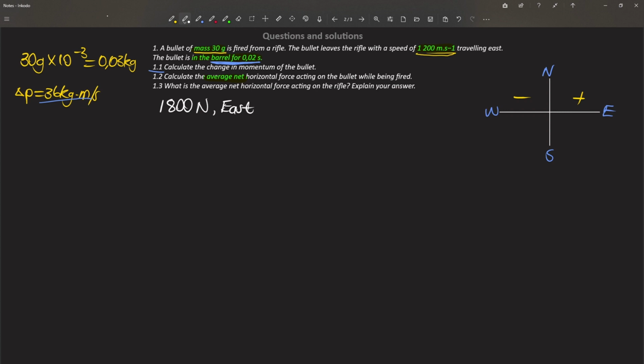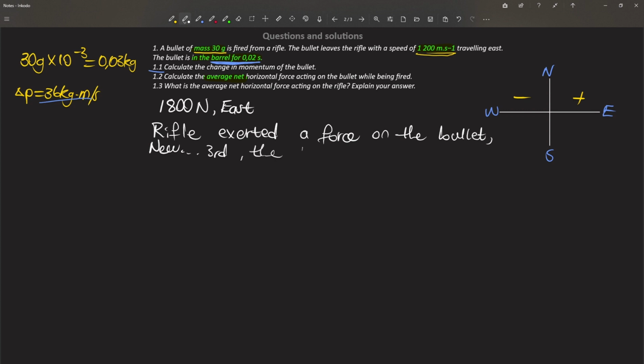In a simple way, I can say that the rifle exerted a force on the bullet. And according to Newton's third law, the bullet exerted a force back on the rifle in the opposite direction, but a force of equal magnitude.